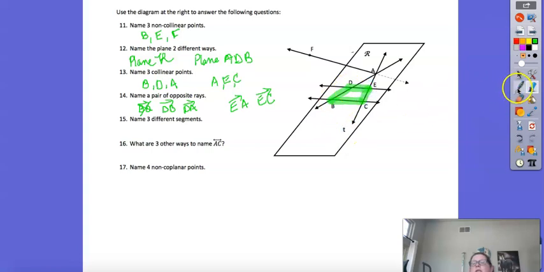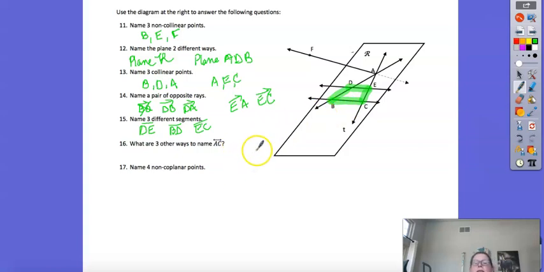Do you see the differences there? As long as they're capital letters and you have only 2 of them, okay, then I'm good. So I have DE, BG, and I got EC. Remember, a segment, a line segment, is a portion of a line.